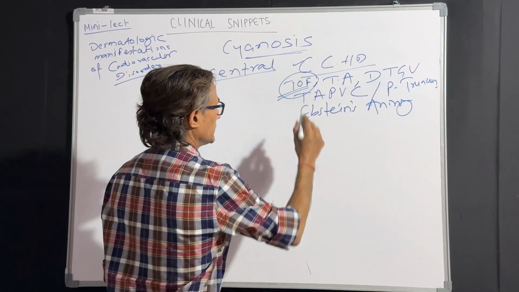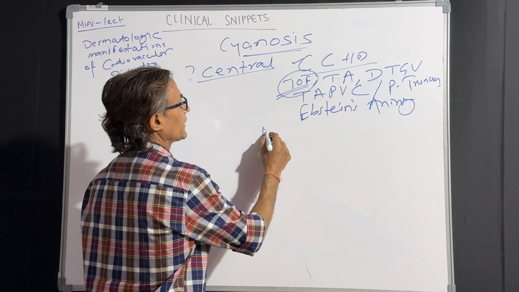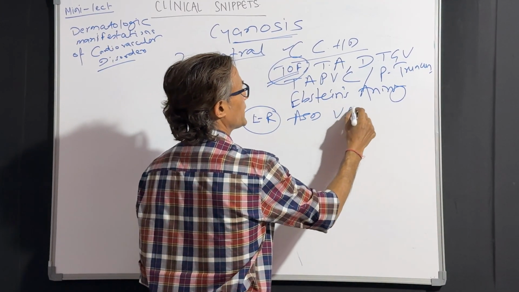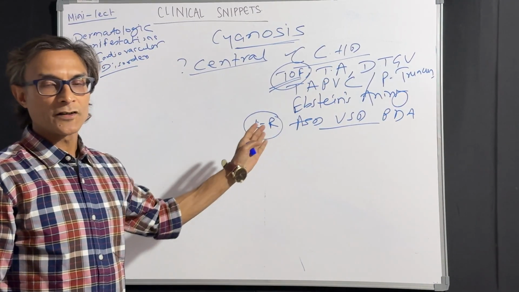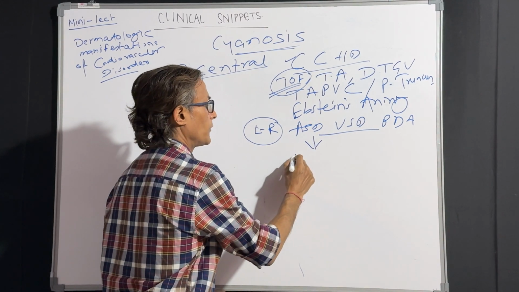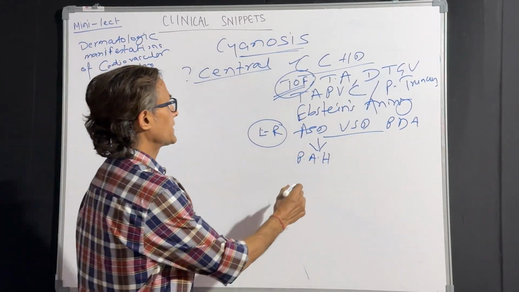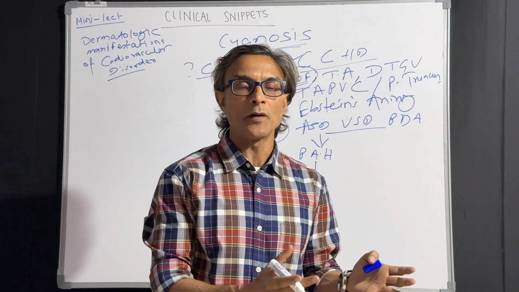Another thing: left to right shunts like ASD, VSD, PDA. When they cause pulmonary arterial hypertension, this left to right shunt will get reversed because of increased pressure in the pulmonary artery.